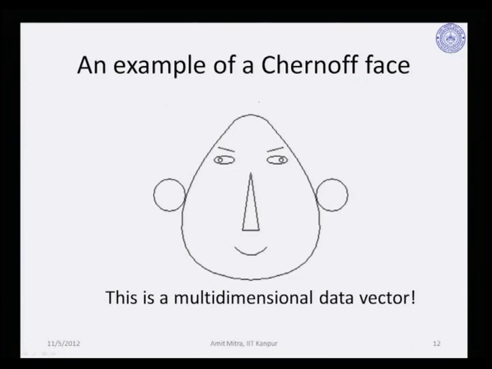If one looks at such a Chernoff face representation, there are various characteristics in a facial representation, say curvature of the mouth, separation of the eyes, ear positions, eccentricity of the lower face, eccentricity of the upper face, and many other features associated with a particular facial representation of the data.